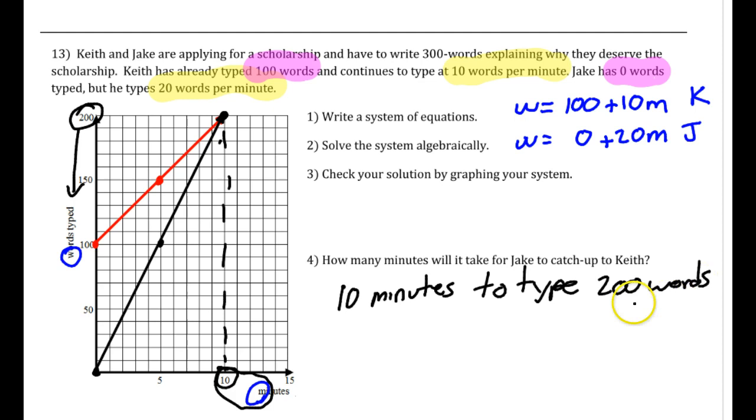Notice how they're not done yet, right? They only caught up to each other after 200 words. They still have to keep going to 300 words. So at this rate, it looks like Jake is going to finish faster. So his line will be above Keith's, which means his will be faster and finish sooner.